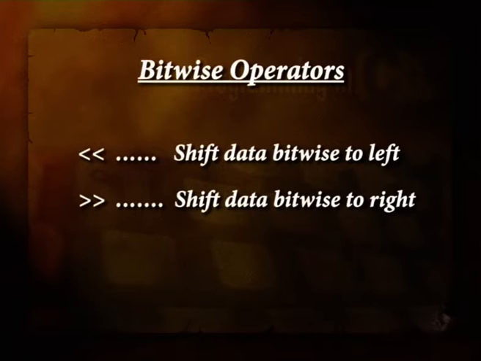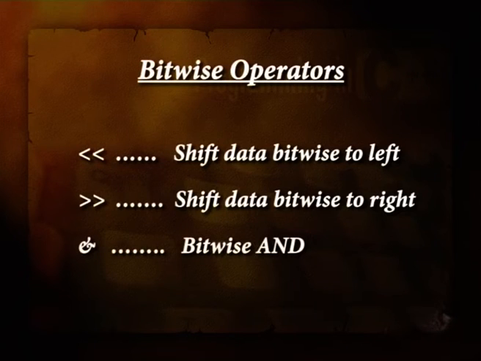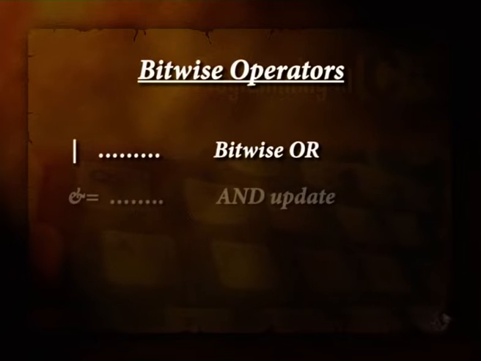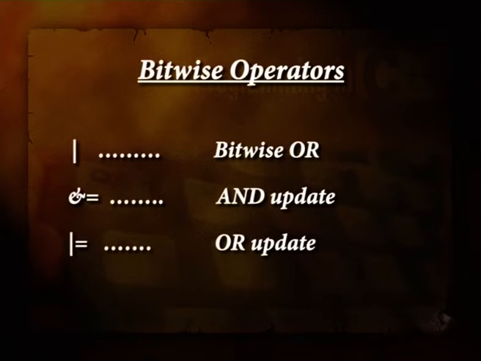They are unary in nature, but the ampersand sign, cap sign, slash, ampersand equal to, etc. are binary operators for bitwise AND, XOR, OR, and update or update and XOR update respectively.